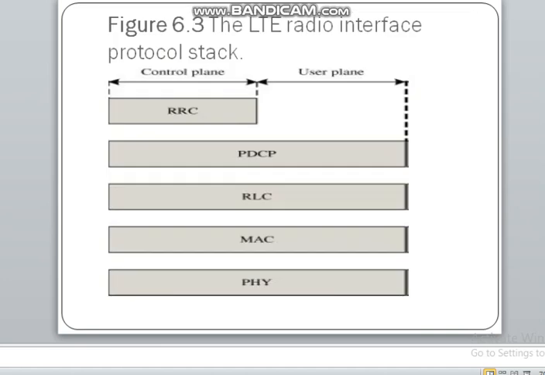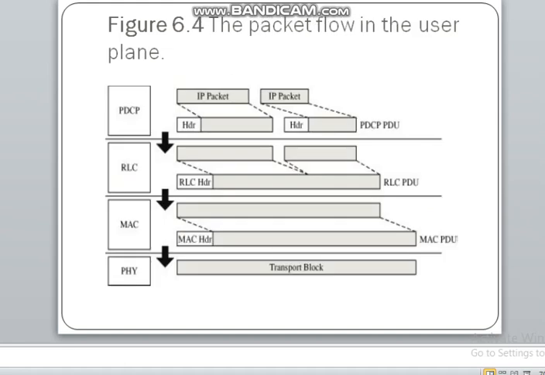So this is the LTE radio interface protocol stack. The layers are the physical layer, MAC layer, RLC, PDCP and RRC layer. Their user plane and control plane are separated. This diagram shows the packet flow in the user plane, from the PDCP, RLC, MAC layer and physical layer, and how the upper layer data is going to be transmitted. To the IP packet, the PDCP header is added, and the data is now called a PDCP PDU.